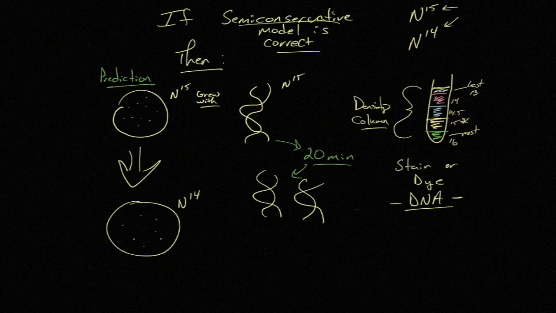These chromosomes are now more dense than nitrogen 14 chromosomes, and spinning them at very high speeds, heavy chromosomes go further down. After growing the bacteria in nitrogen 15, producing bacteria with heavy chromosomes, they shifted the bacterial growth to conditions in nitrogen 14. So 15 was first. Is that okay? So we started with nitrogen 15, and now we moved the bacterial colonies to nitrogen 14.